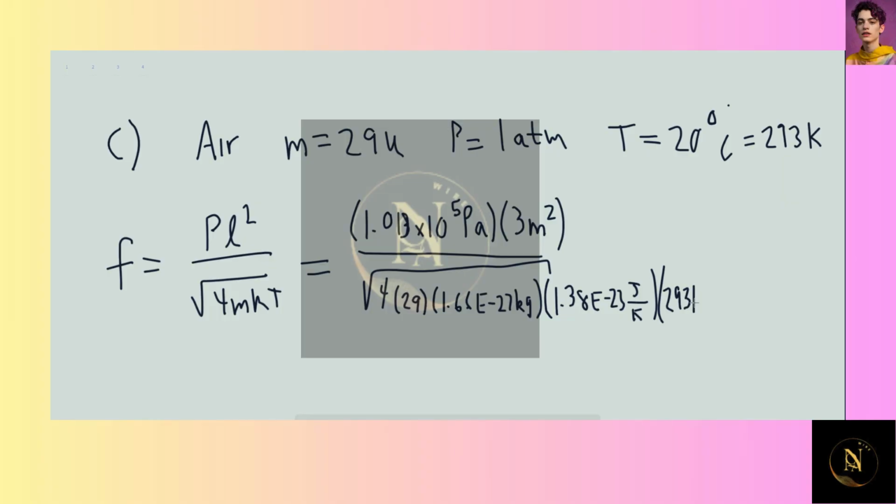So I need to extend that square root a little bit. And once we do this computation, we are left with about 3.27 times 10 to the 28 hertz.